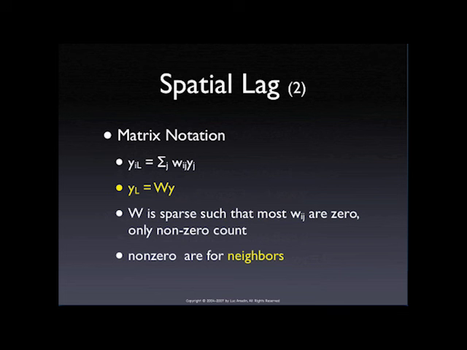And in matrix notation, very compactly, this boils down to the multiplication of a matrix W, which is an n by n matrix, times an n by 1 column vector. So if you're a little rusty on matrix multiplications, n by n times an n by 1 gives you an n by 1. So you're back with a regular column vector, which you can then manipulate in the usual fashion. So you'll see this Wy a lot from now on, and other forms like it.